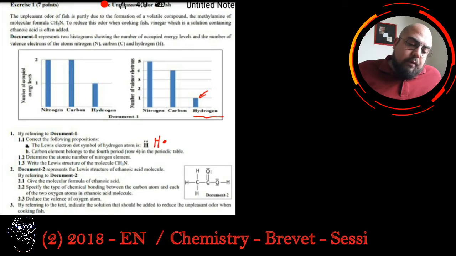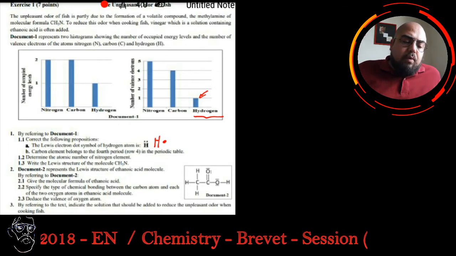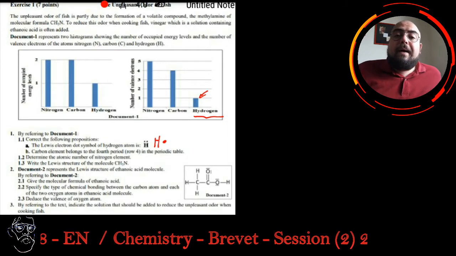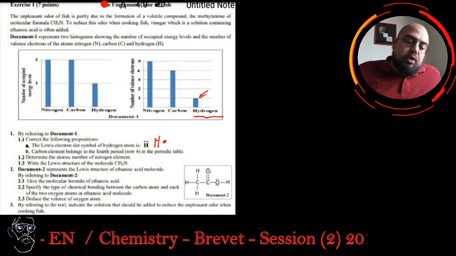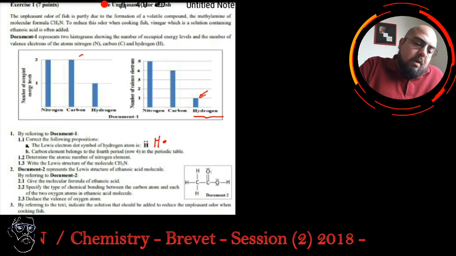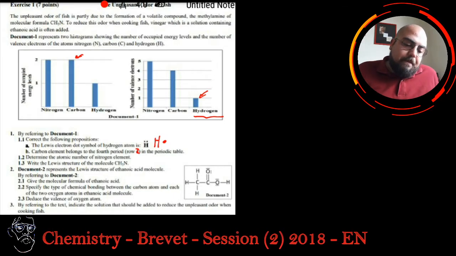Carbon element belongs to the 4th period, row 4 in the periodic table. In order to find out which period, I have to check the number of energy levels related to carbon. We have 2, so automatically it will be row 2 and not row 4.